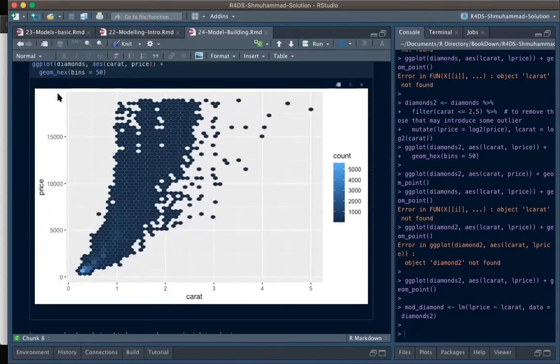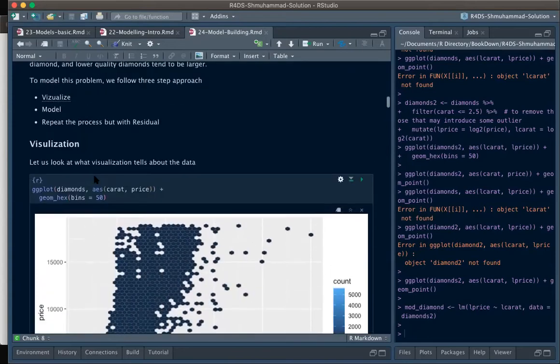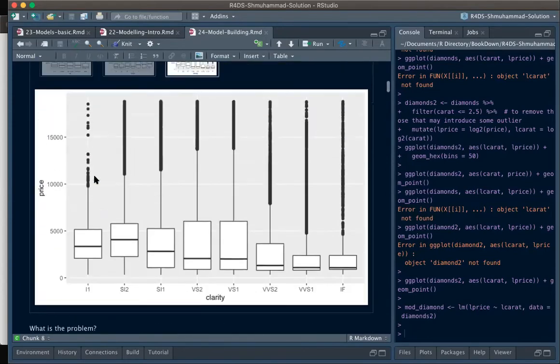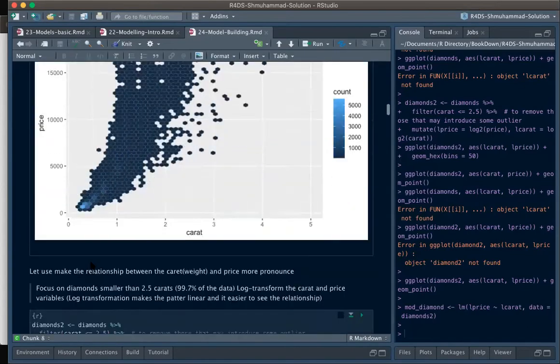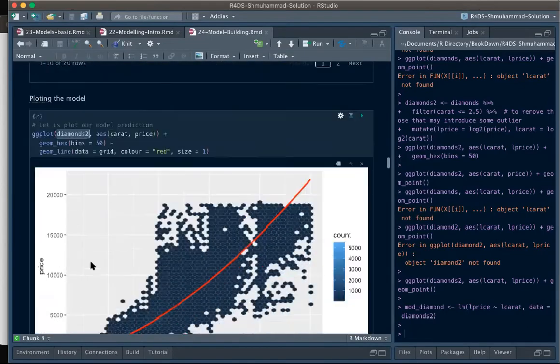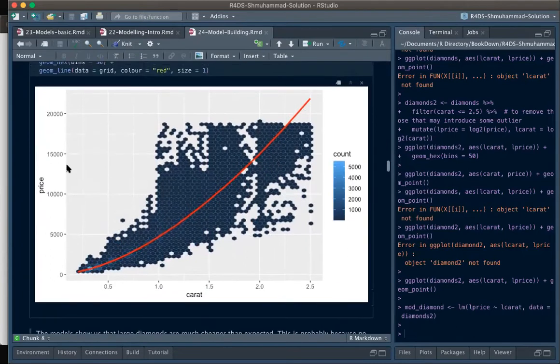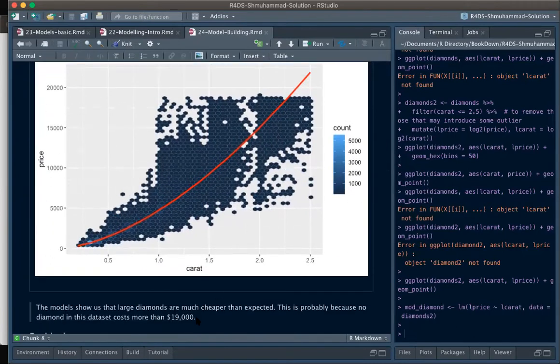Here, let's see the first one. The prices are still within the range of 20,000. And also here, when we do the modeling, they are just below. So what does this statement mean? Can someone interpret this one? I don't really understand what this means.